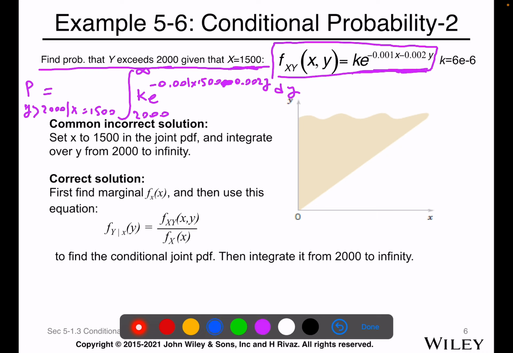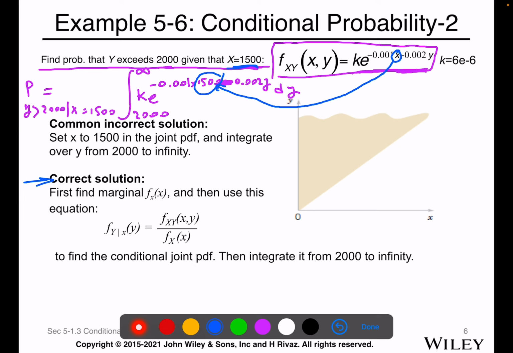So basically, all I did here is that for x, I repeated the same equation, but instead of x, I plugged in 1,500, because the question is telling me that x is 1,500. That's not correct. You can't simply plug x equal to 1,500 into the joint PDF to calculate the conditional probability. What you have to do is what we just did.